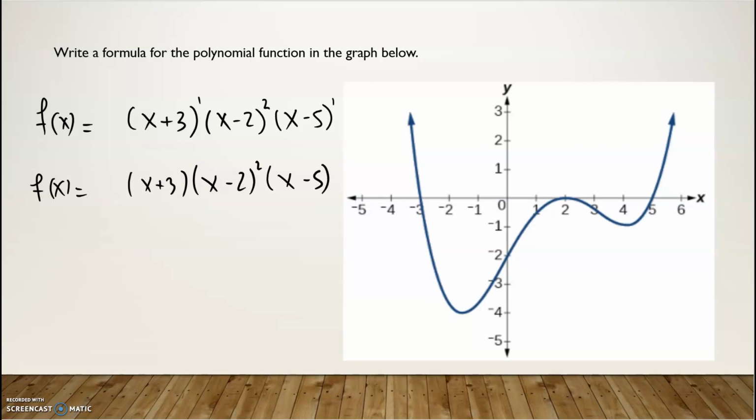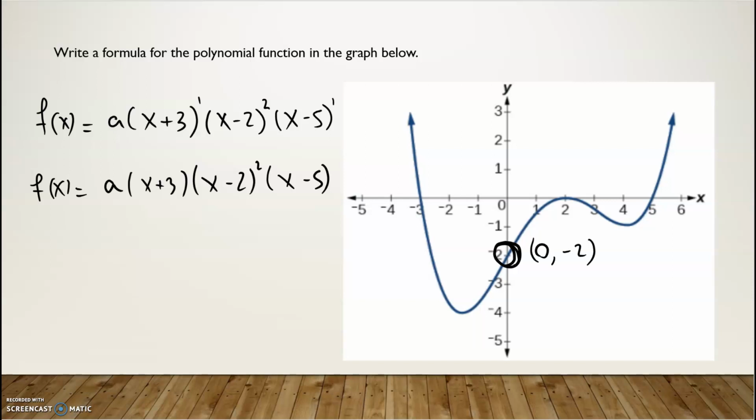Now I can't leave it like that because this could be stretched or compressed by a certain number. So I need to put an a right in front of these. And to figure out this a, I'm going to use a nice point on this graph. Say we pick this point right here. That's a y-intercept, so this is going to be 0, comma, -2.